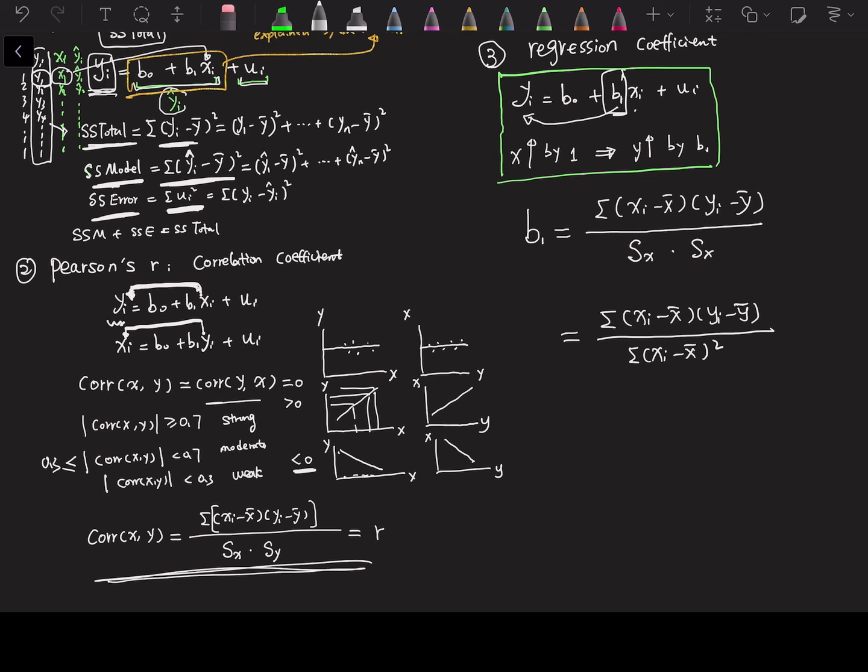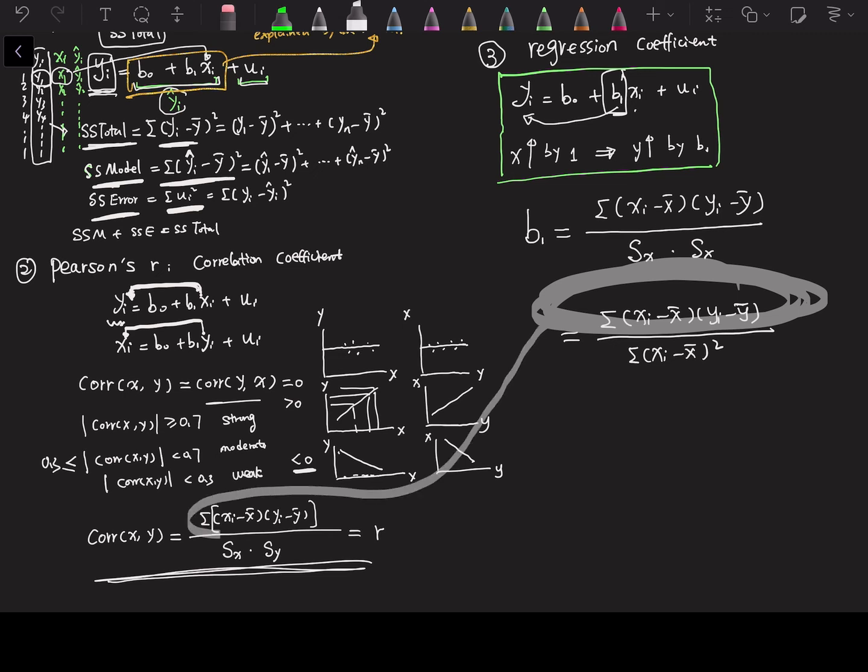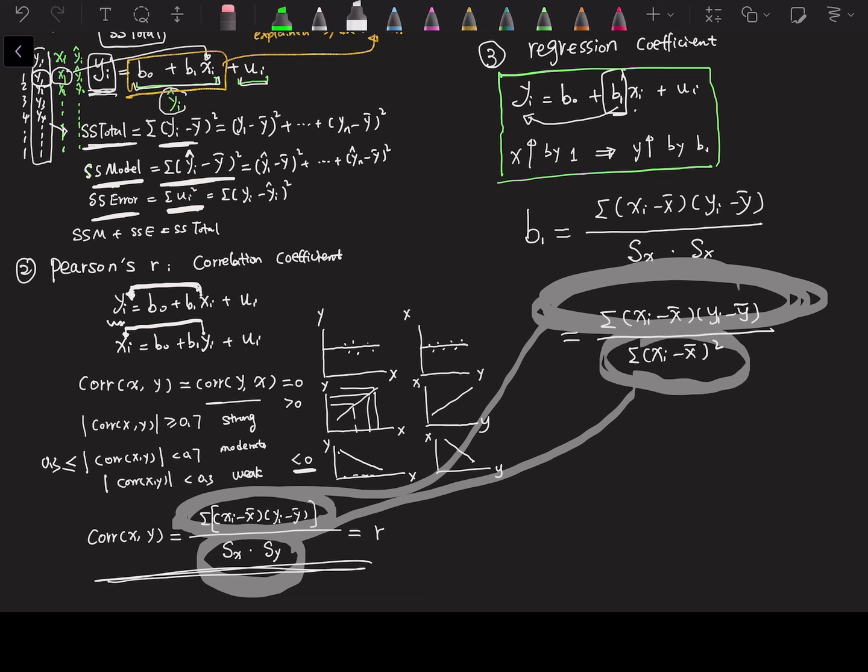So the numerator of the regression coefficient equals the numerator of Pearson's R. But because Pearson's R has no direction of causation, it has the standard deviation of x times the standard deviation of y. For B1, because there's a direction and you're using x to explain y, the denominator is just the variance of x, right?